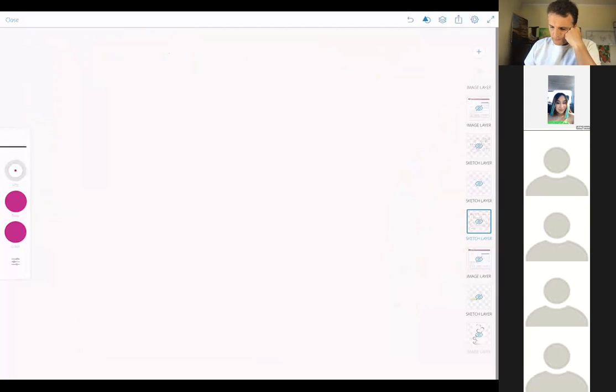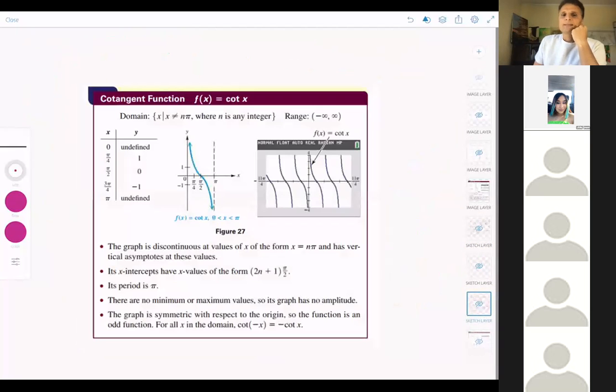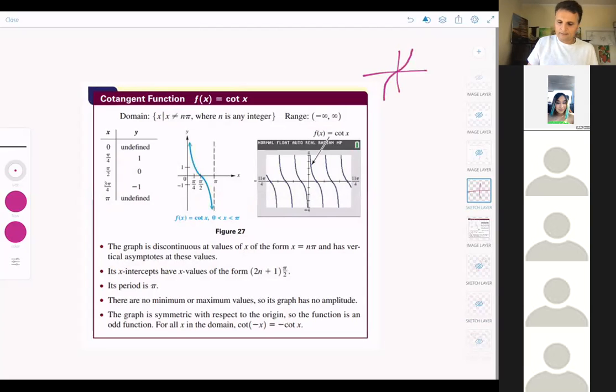Let's move to cotangent. Similar to tangent, the graph of tangent was like this, and the graph of cotangent is like that.